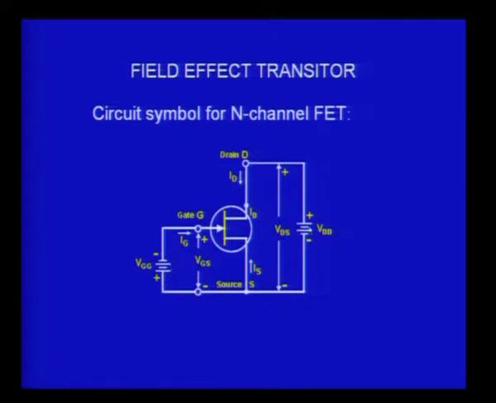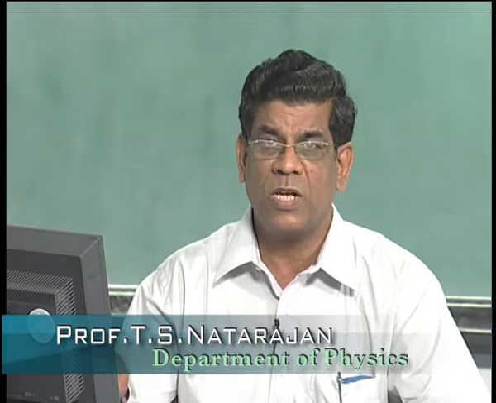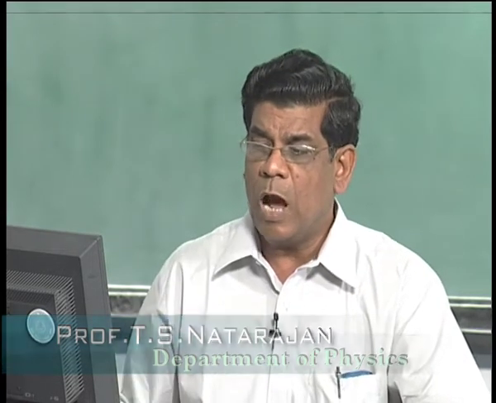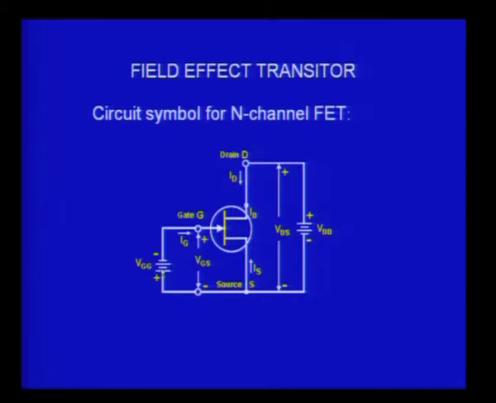Then when I keep on increasing VDD from a small value to a large value, initially it goes like Ohm's law in a straight line, and then it bends, and once the pinch off is reached, it becomes constant saturation current.